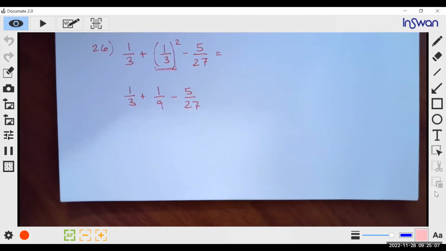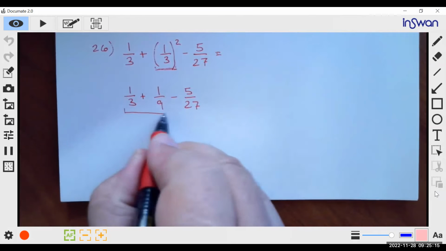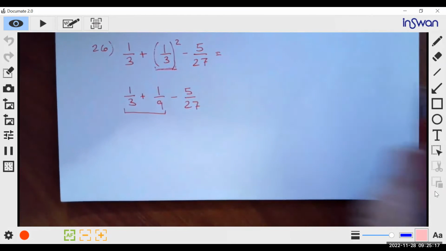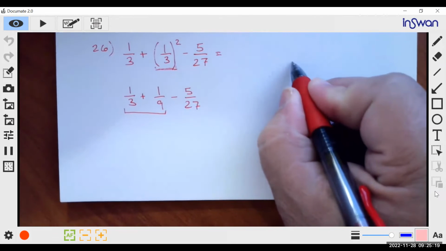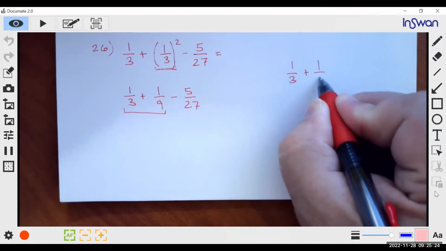Then what do you do? Since we can't do anything, now we go left to right. Addition. We have 1/3 plus 1/9.